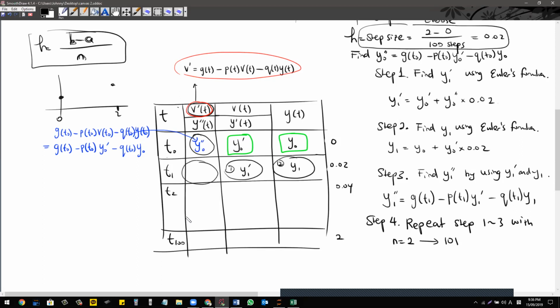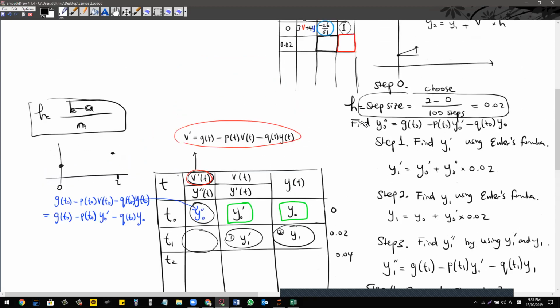So it'll be 100, I guess. For t equals t2, which is 0.04, to t equals t100, which is 100 steps, that's right, which is 2.00. That's right. So yeah, that's it really. That's the algorithm. Okay.